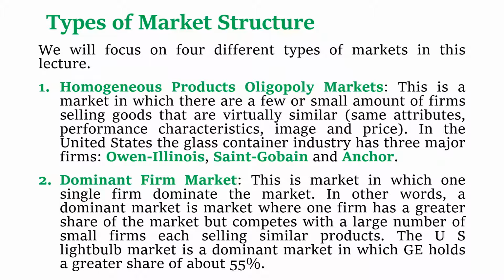So we have the second market, which is referred to as the dominant firm market. In this market, there is only one single firm that dominates. It doesn't mean that there is only one firm; it only means that you have one firm that dominates. This dominant firm holds a greater share of the market.